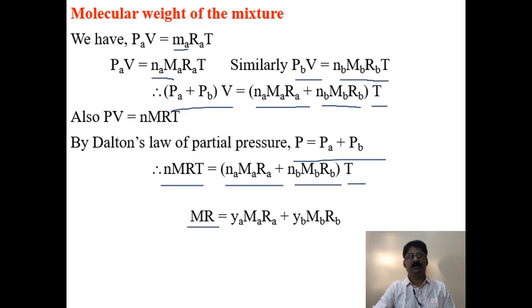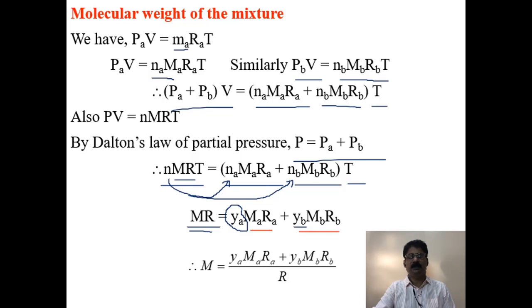MR is equal to, now this N is taken to the other side, so it becomes Na by N, and here it becomes Nb by N. Na by N is nothing but Ya, the mole fraction of A. Similarly Nb by N is nothing but Yb, the mole fraction of B. So you will get the expression MR is equal to Ya into MaRa plus Yb into Mb Rb.